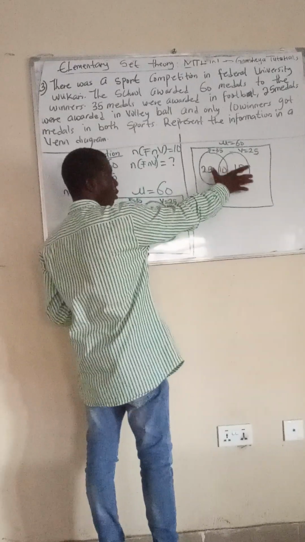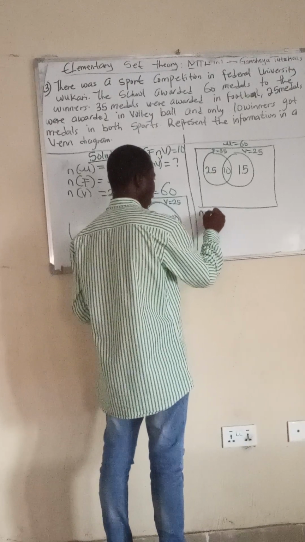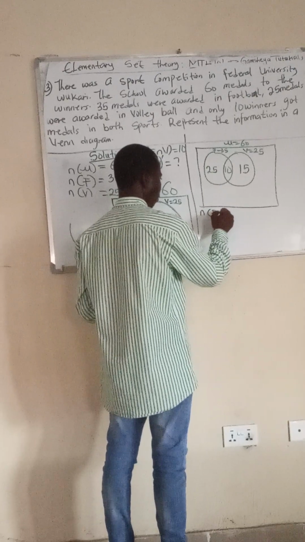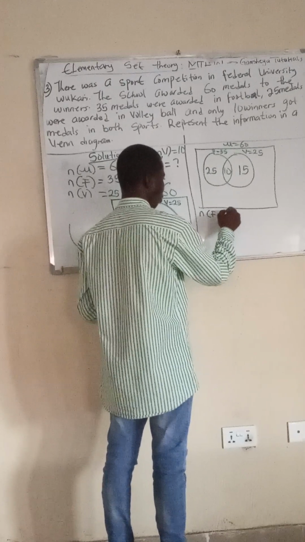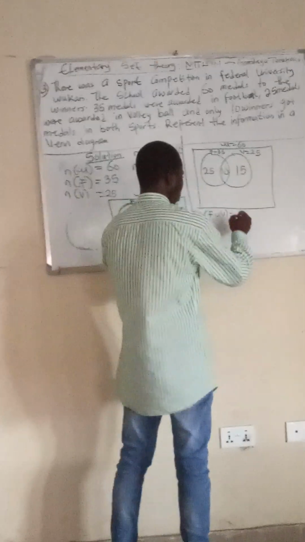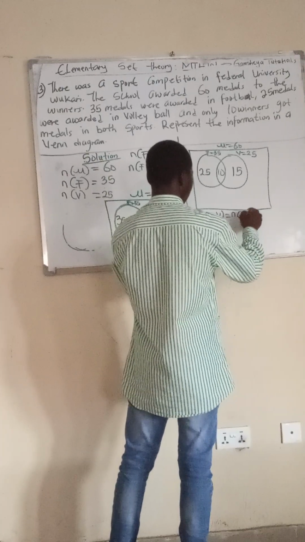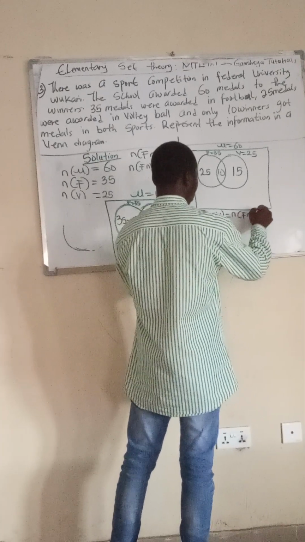Actually, if I want to take the union of this, I'm going to be having N of F union V is going to be equal to the sum of what we have. That means I'm going to be having N of F intersection V complement.